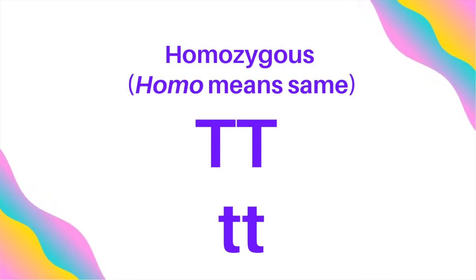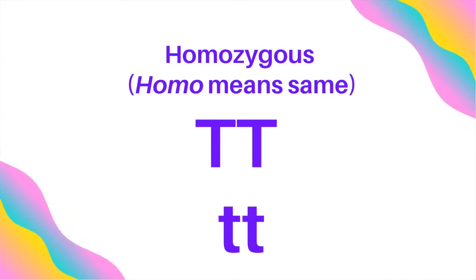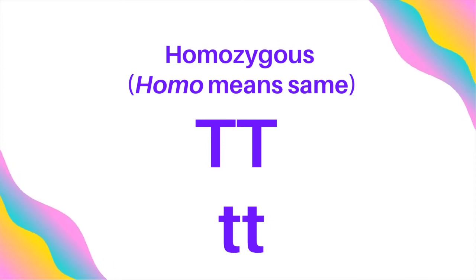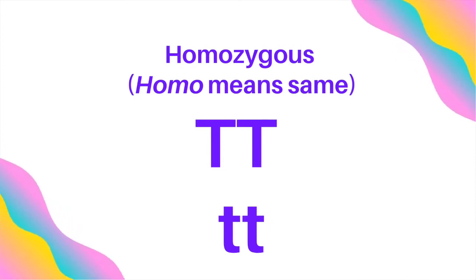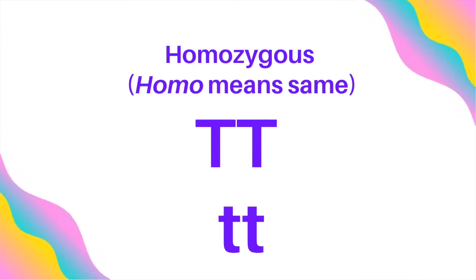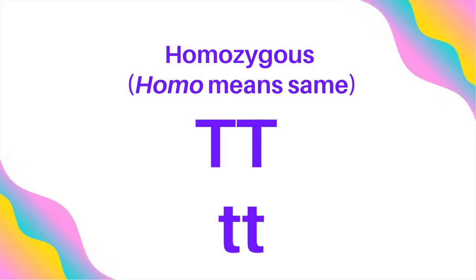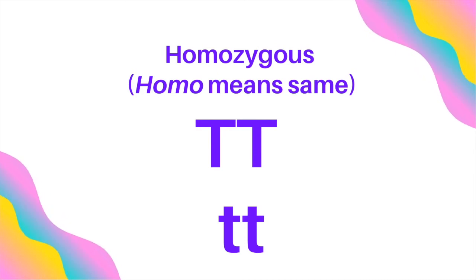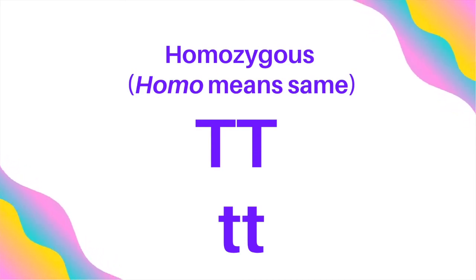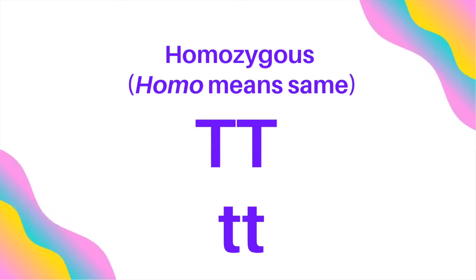There are two options for this. You could have big T, which is homozygous. You could also have little t as homozygous, because both letters are capitalized or lowercase. So as long as they have the same capitalization, they are considered to be the same.